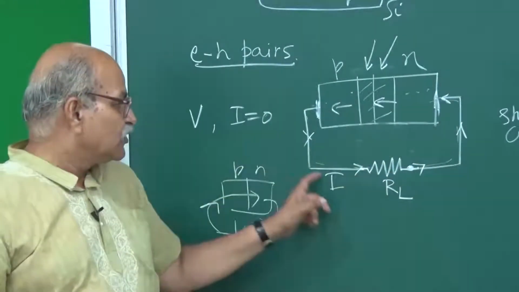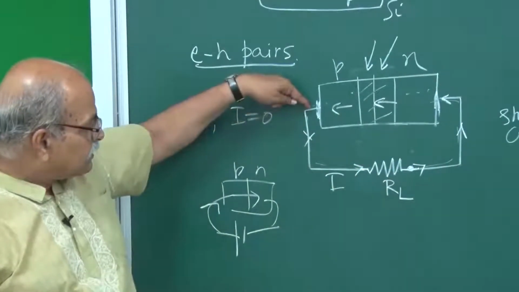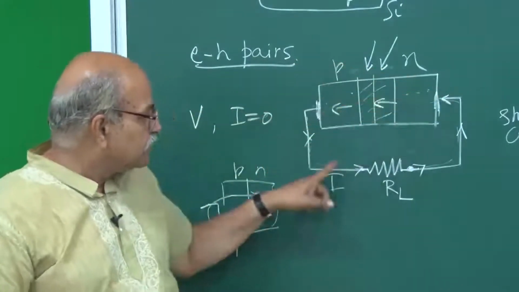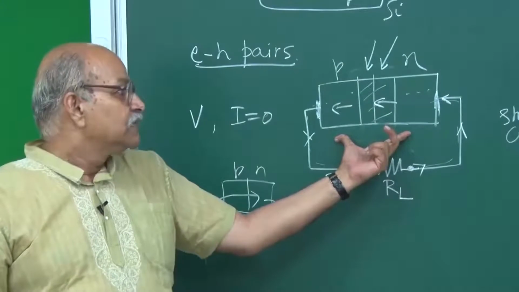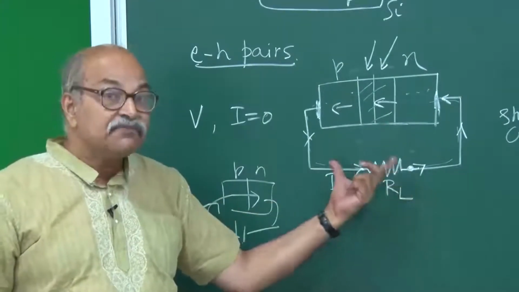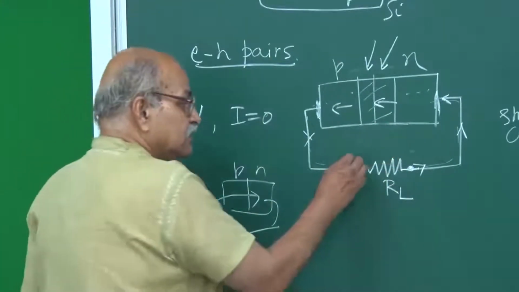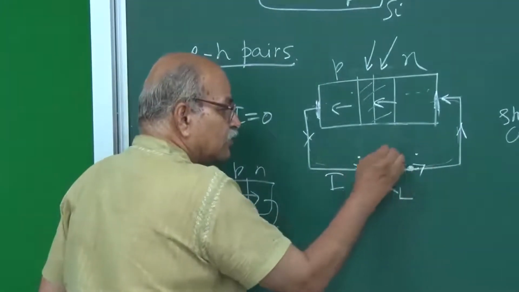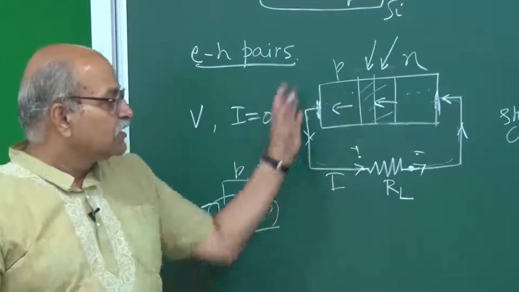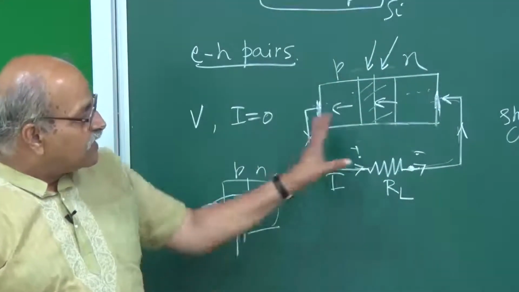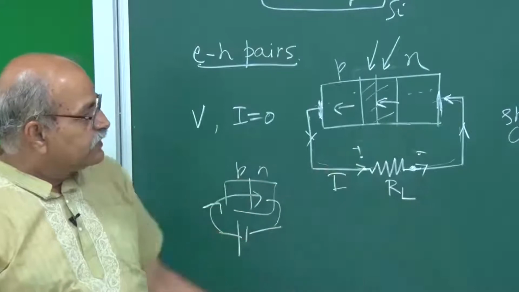Since the current is going this way, you will have a larger potential here and a smaller potential here. So you have a potential difference on this p-n junction, as if you have given a forward biasing. This is the higher potential side and this is the lower potential side, so as if you are giving some kind of forward potential. Because of that the current will be changed.